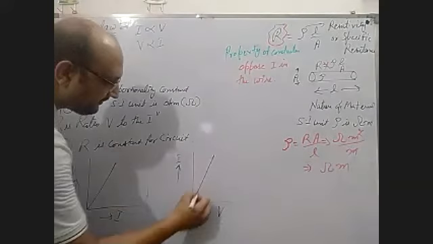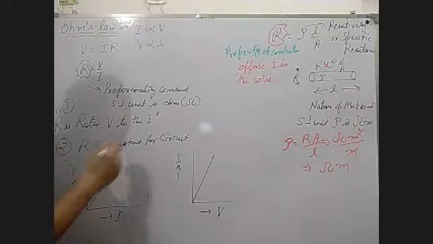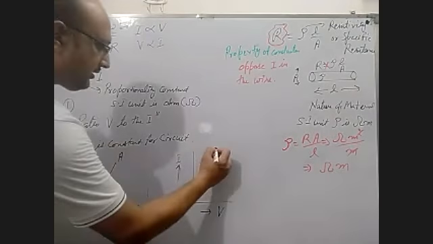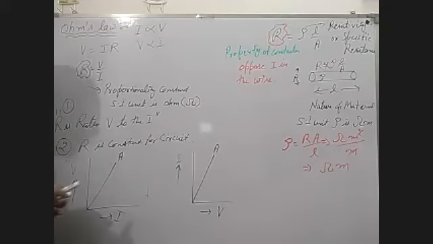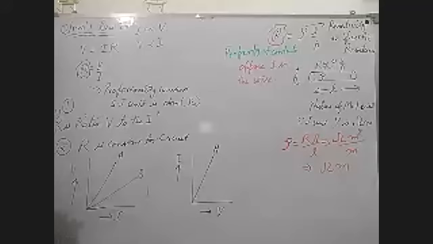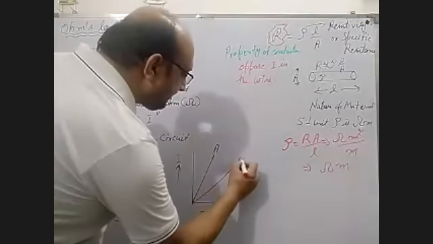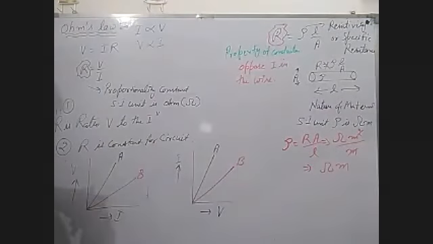Now another thing. Suppose you have a wire A. In the VI graph, this A is the resistance and this is the graph for that. Suppose another wire is B, but the graph for this is the red line.